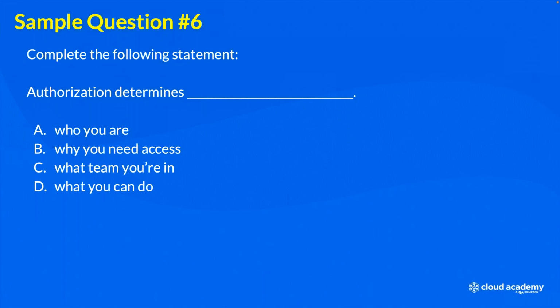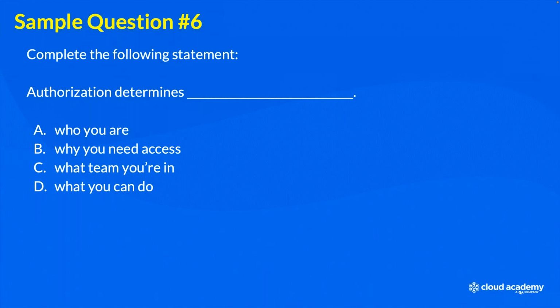what team you're in is something that you can put in Azure Active Directory. You can divide people into different groups, and you can put their IDs in these different groups. But that's not what authorization is. Authorization determines what you can do. So authentication says who you are. It only verifies that you are the person you say you are.